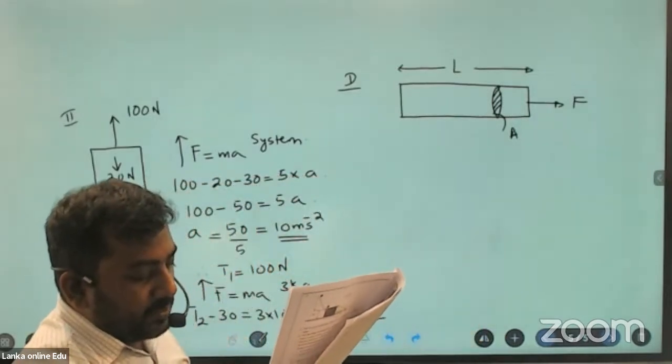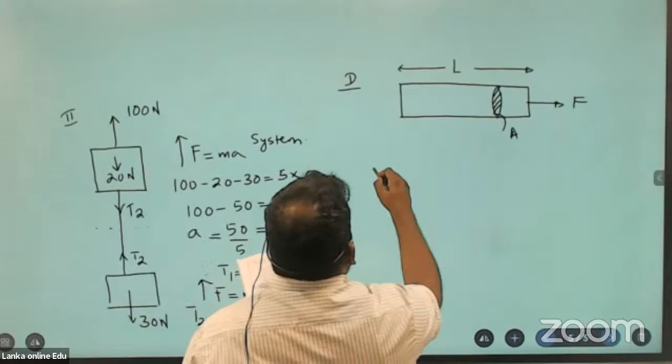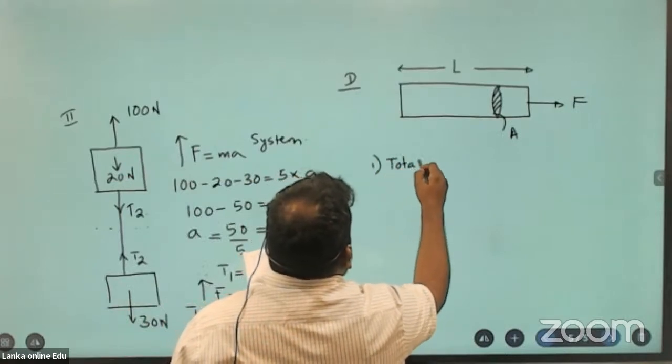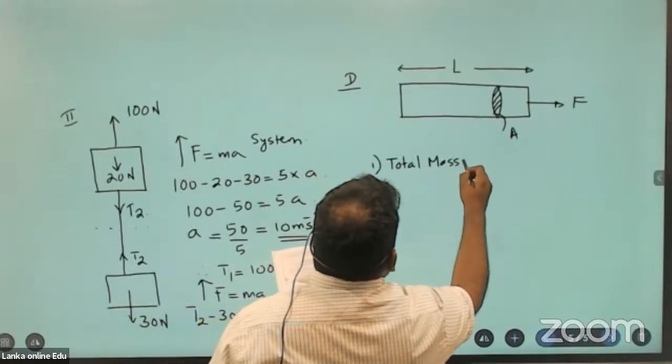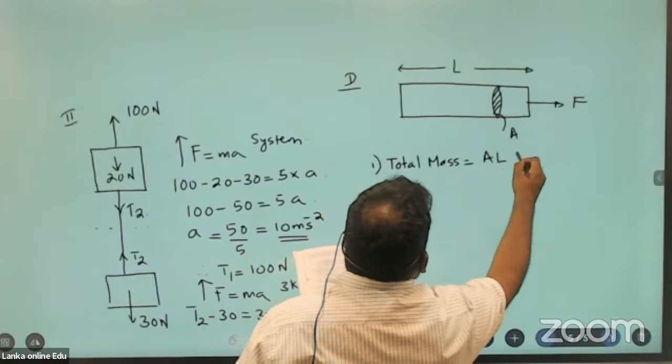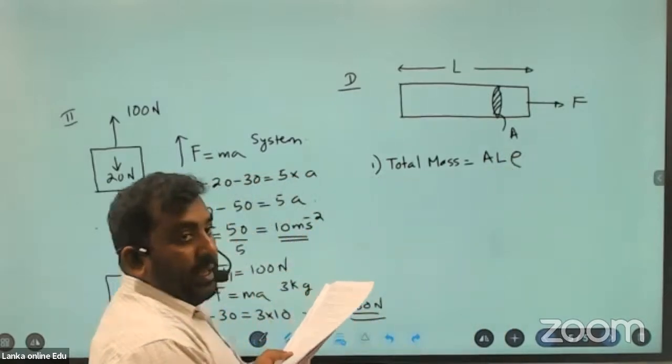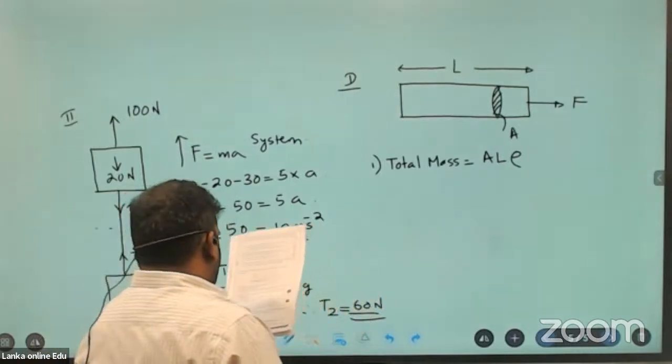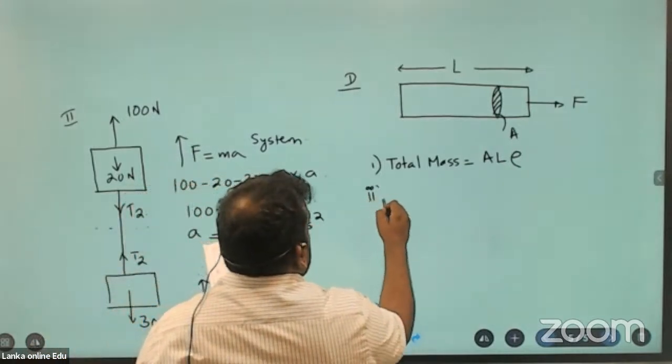Write an expression for the total mass. Total mass is cross-sectional area into length, which is volume, times density: A L rho.